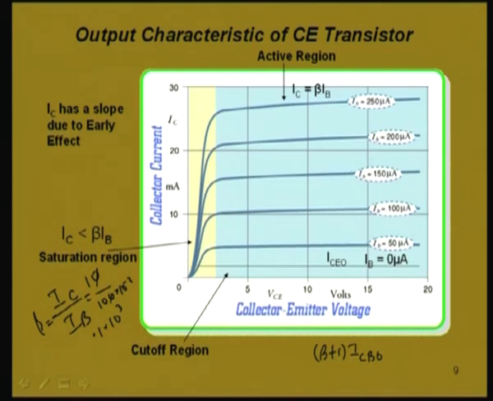So, this region is active region, as the emitter base junction is forward biased and collector emitter junction is reverse biased. Now, the region below this IB equal to 0 microampere is the cutoff region.